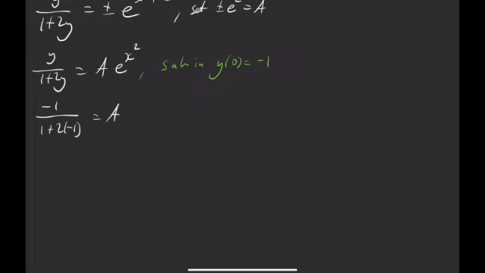Okay, so from there, I can see pretty quickly that a equals 1. I encourage you to prove that to yourself. So I get the form y over 1 plus 2y equals e to the x squared.